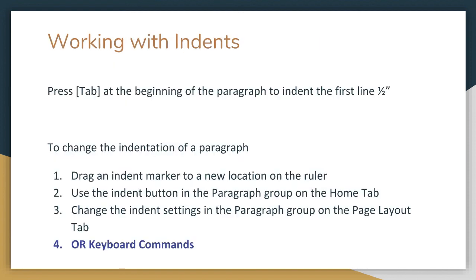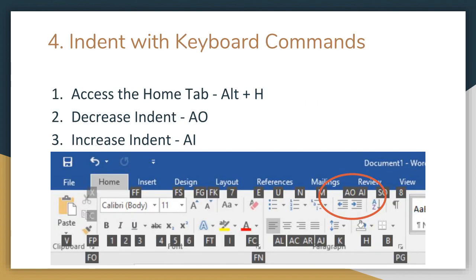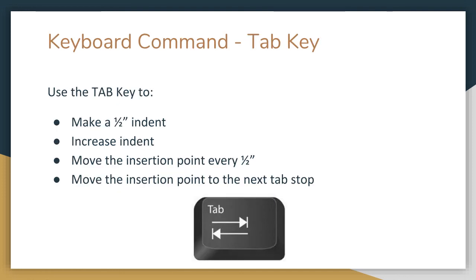And then the fourth way is our wonderful keyboard commands. So the keyboard command is Alt-H to access the Home tab, and then AO to decrease the indent, or AI to increase the indent. So our wonderful tab key is used to make it ½ inch indent on the first line.